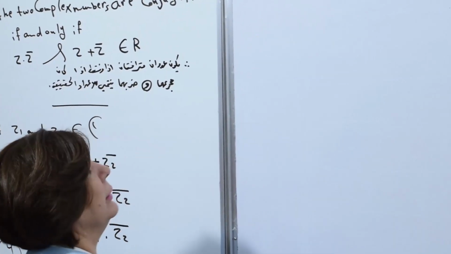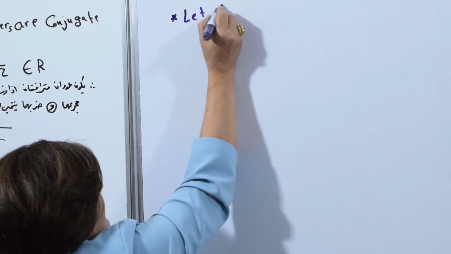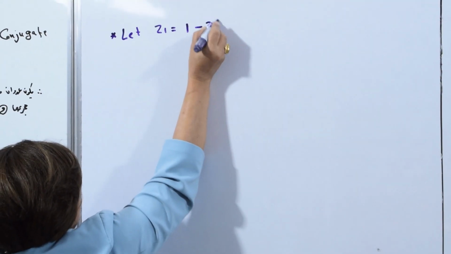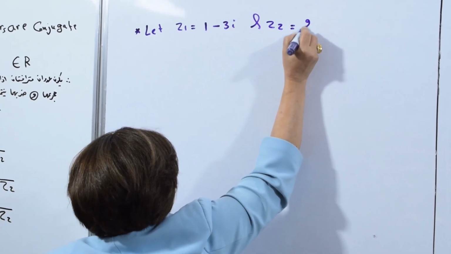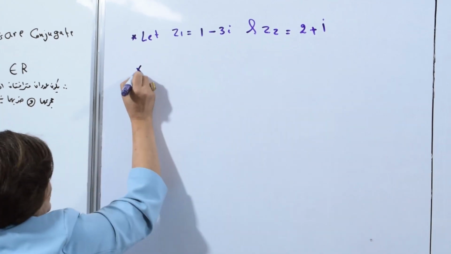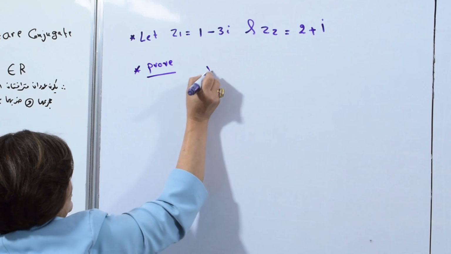هذه الخصائص. Let Z1 equal 1 minus 3i and Z2 equal 2 plus i. I want to prove, أريد أبرهن, 1.